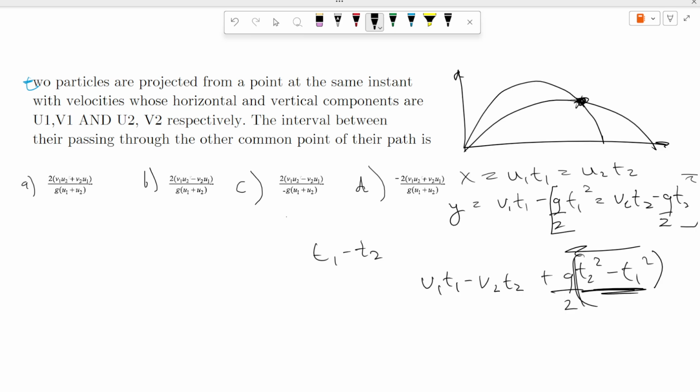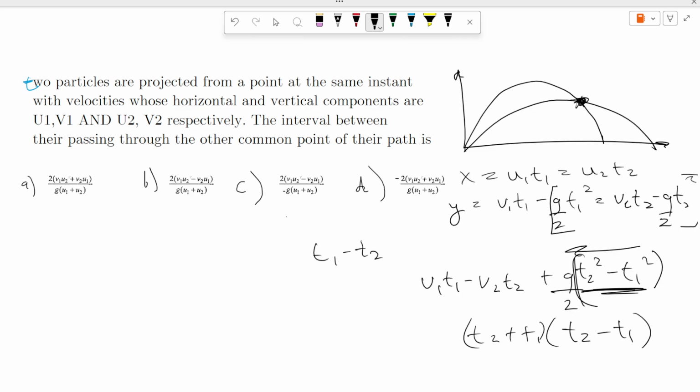From this point we can easily figure out what we need to figure out. So it is going to be t2 minus t1 and t2 plus t1. You can break it down into these pieces.